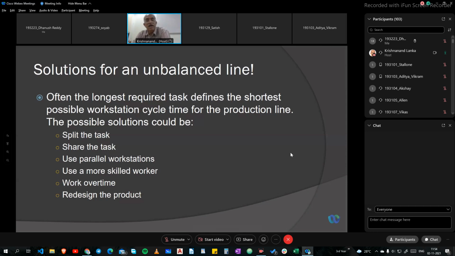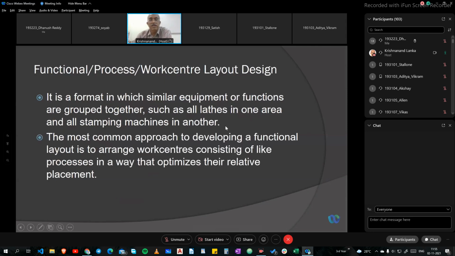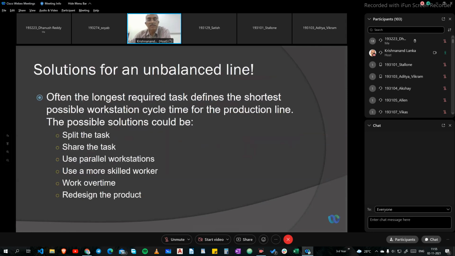Or another thing, the best thing is to redesign the product. Sometimes we have certain techniques called design for manufacturing, DFM, or design for manufacturing and assembly, DFMA, invented by a certain guy called Boothroyd and Associates.